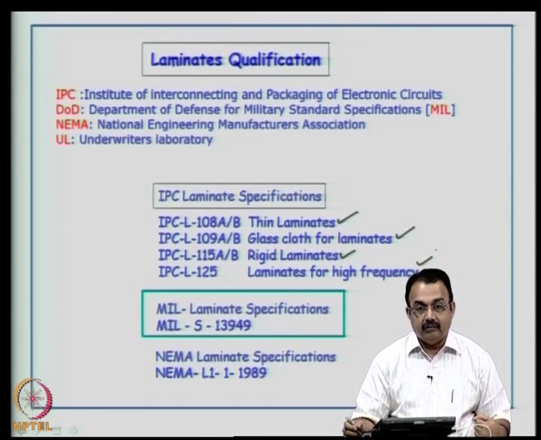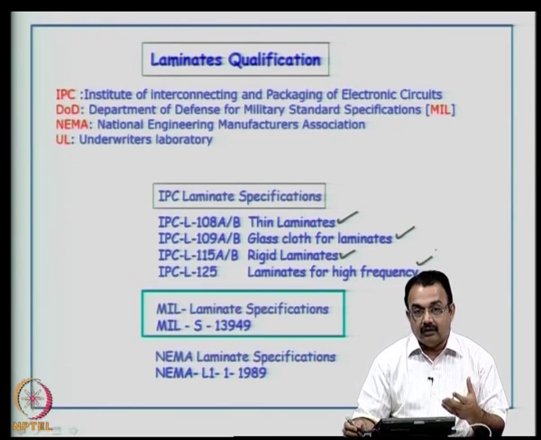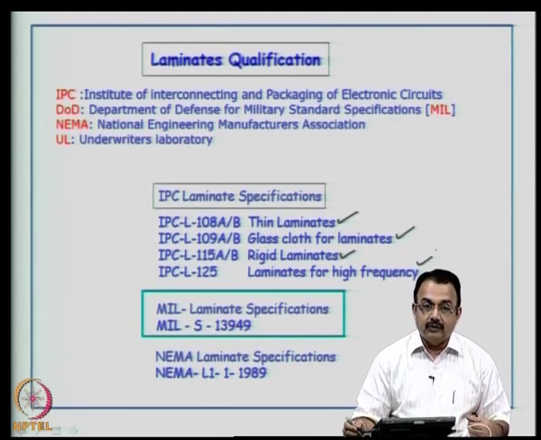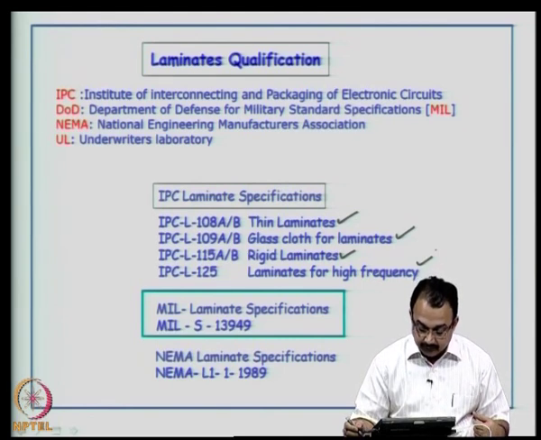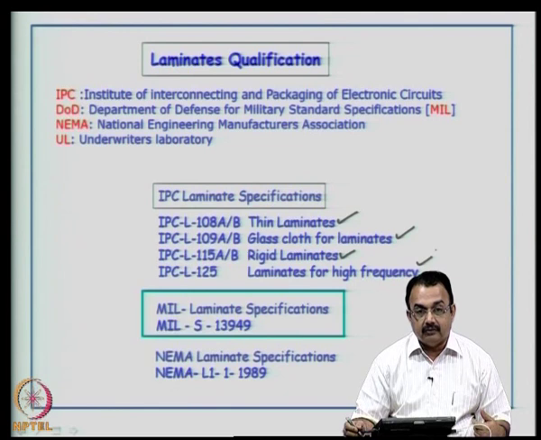So, epoxy, for example, cannot be used for all applications. If you want to use high frequency application laminates, then you may have to look for better structures, better material, for example, Teflon or polyimides. So, you will look for those kinds of materials. Mil specifications, MIL S 13949 is very common, and the NEMA standard pertaining to laminate is 1989.